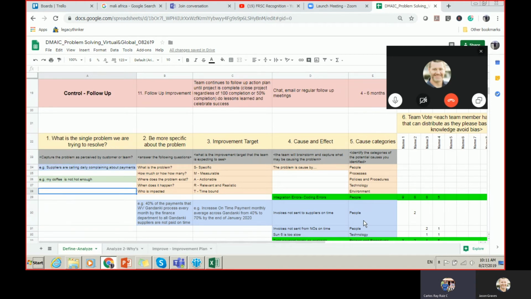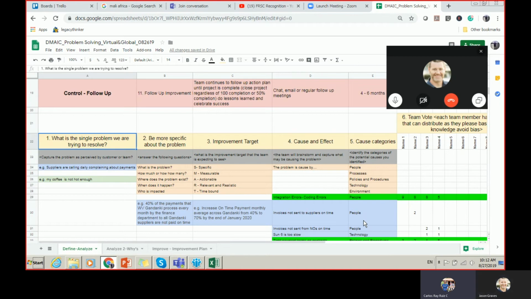So again, the same steps are listed here: 1, 2, 3, 4, 5. And the reason is because you're going to be guiding this effort, so you try to follow the process. Don't jump into, let's start brainstorming improvements, before you do all the steps, because that's why you're doing this systematically.